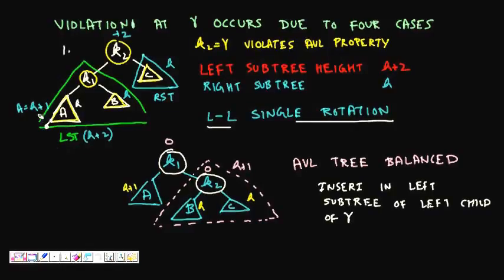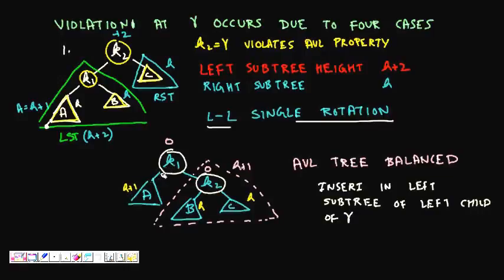Now if you see, the height of subtree A was h plus 1, and the heights of B and C were both h. So now the height of the right subtree of K1 is h plus 1, and the height of its left subtree is h plus 1. Now everything is balanced. K2 is balanced, with h and h on left and right.